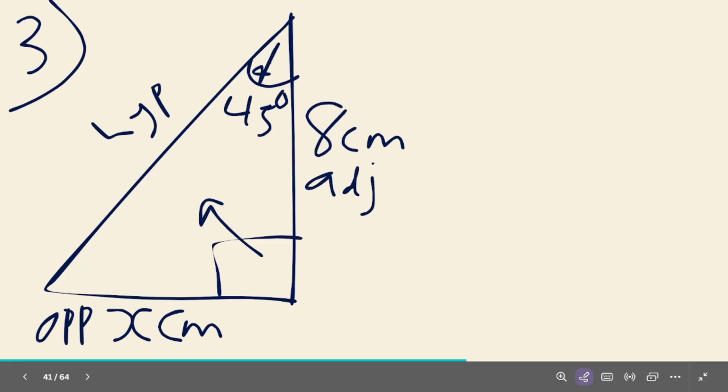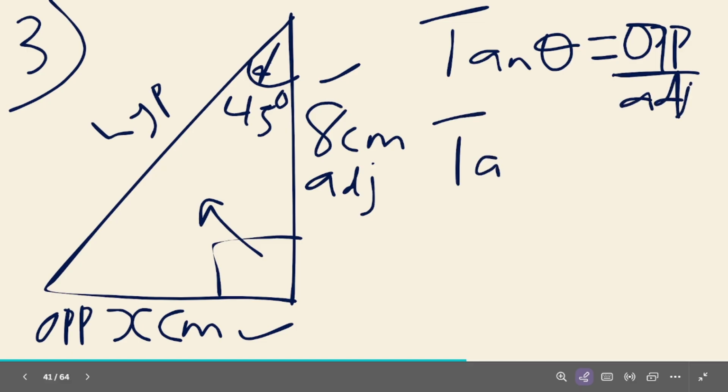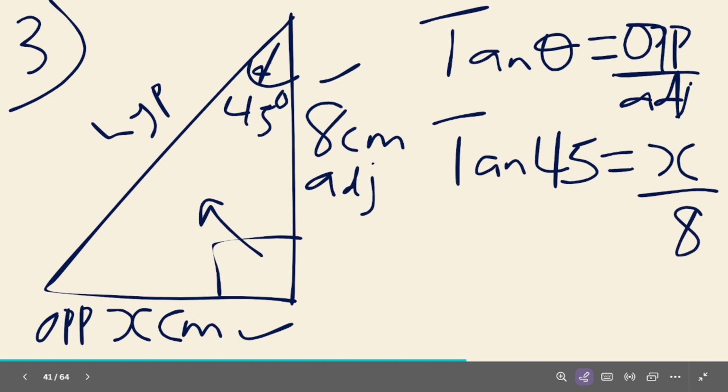So from this, we have opposite is unknown, adjacent is known. Those are the two things we are using. That will make us fall on which ratio? Of course, tan. So we are going to be using tan theta is equal to opposite over adjacent. And the angle here is 45. So this is going to be tan 45 equal to opposite, which is not known, x, over adjacent, which is known, 8.